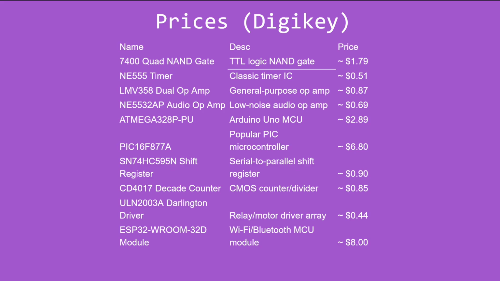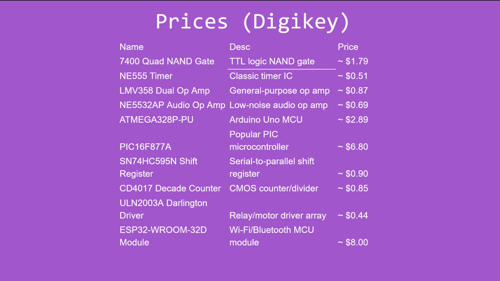You've got a dual op amp here that we've mentioned previously, 87 cents. So you keep going, and even something like the ATmega328P, which is used in the Arduino Uno Rev 3, is just 2.89. You can get a basic PIC controller for about 6, 7 bucks.